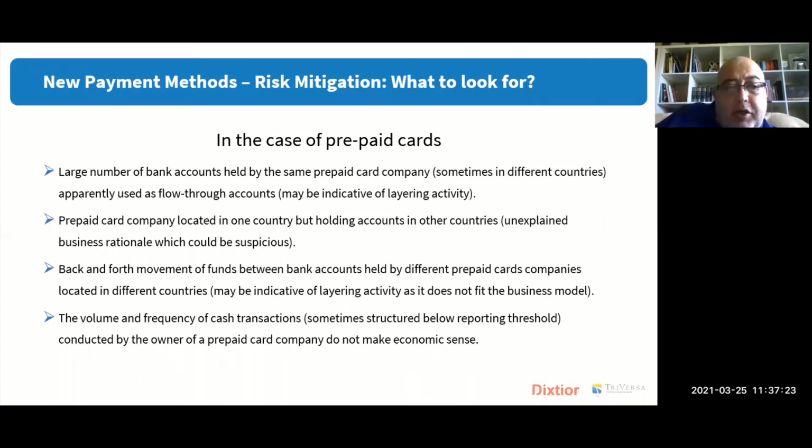Prepaid card companies located in one country but holding accounts in other countries. Back and forth movement of funds between bank accounts held by different prepaid card companies. Volume and frequency of cash transactions, sometimes structured, conducted by the owner of a prepaid card company, that do not make economic sense. So prepaid cards are a threat in their own right.